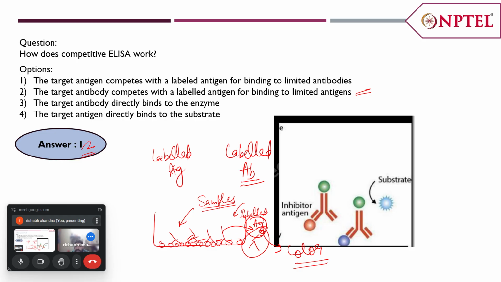In the second case, if we are using a labeled antibody, what will happen to any antigens that are remaining? The labeled antibodies will bind to these antigens and give the signal.